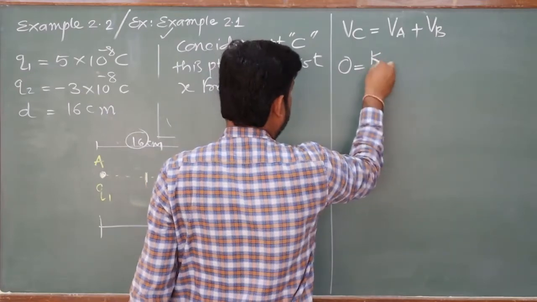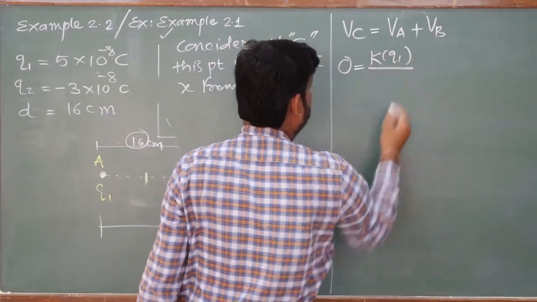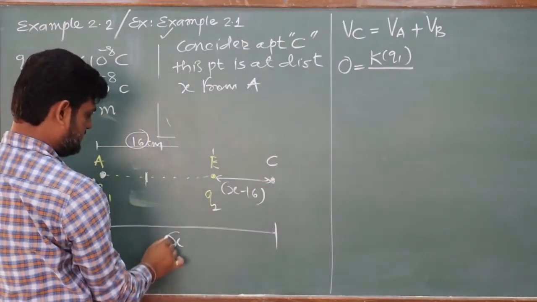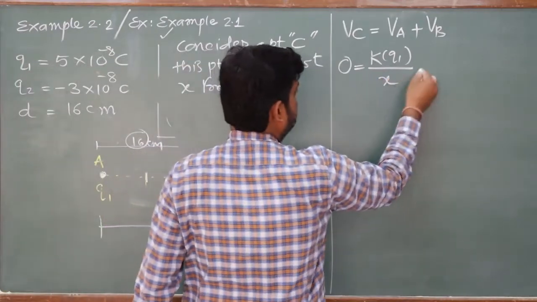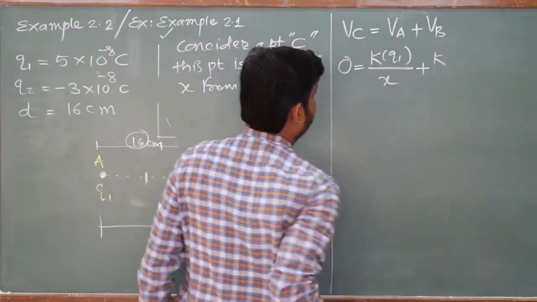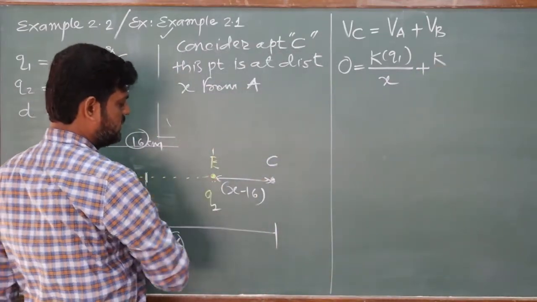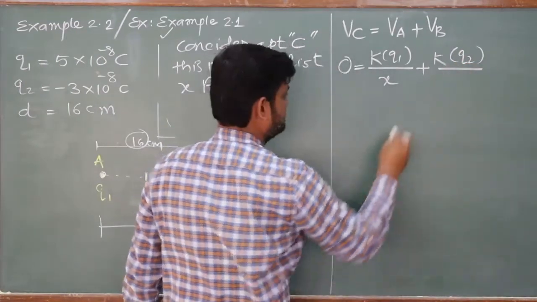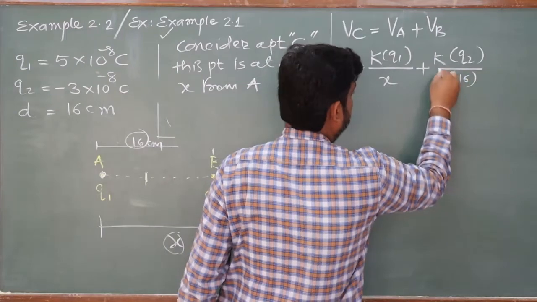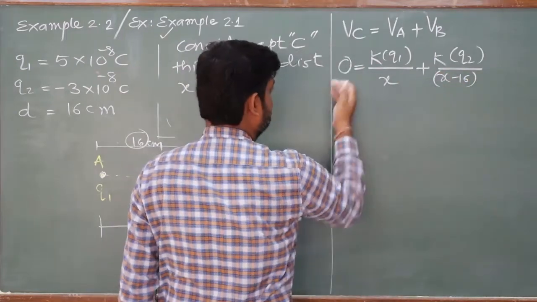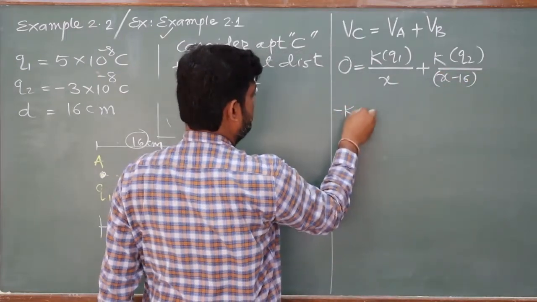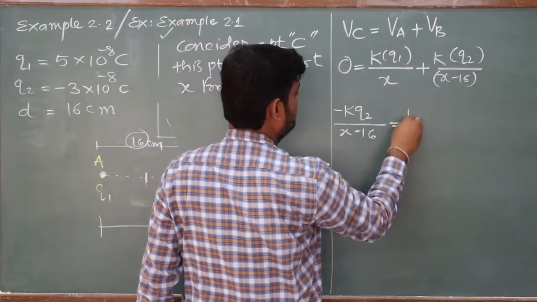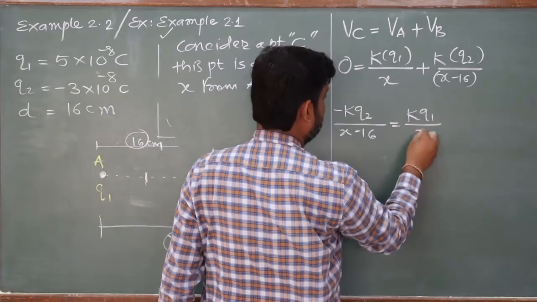What is Va? K Q1 divided by x, potential at point C due to the A, distance is x. Plus K Q2 divided by x minus 16, potential at point C due to this Q2 charge, right? So when this term comes over here, minus K Q2 divided by x minus 16 equal to K Q1 divided by x.